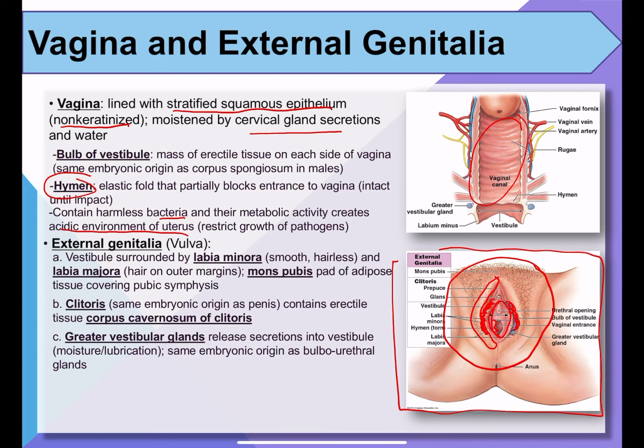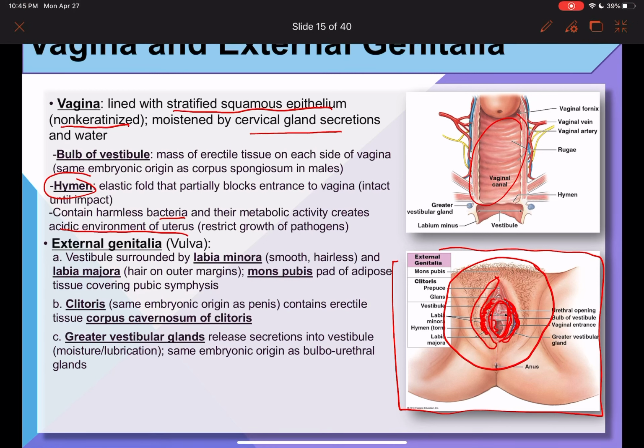This area right here is called the vestibule, and then you have this smaller lip right here. Let me go ahead and erase some of that stuff. Okay. So you have labia majora and labia minora, and labia minora usually is hairless and smooth, okay? And this center area of tissue right here is your vestibule, okay?